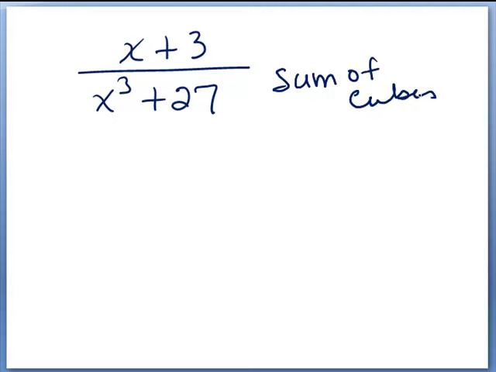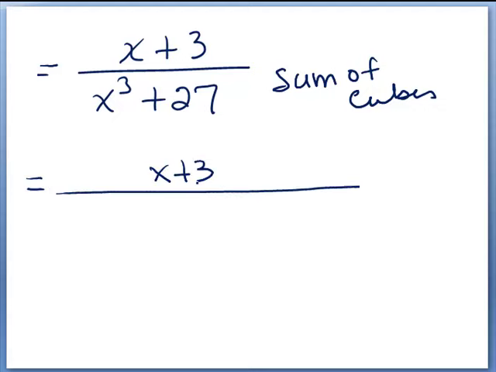So we're going to factor that denominator. We have x plus 3, and then for the sum of cubes, your first parenthesis is a binomial, then your second parenthesis will be a trinomial.